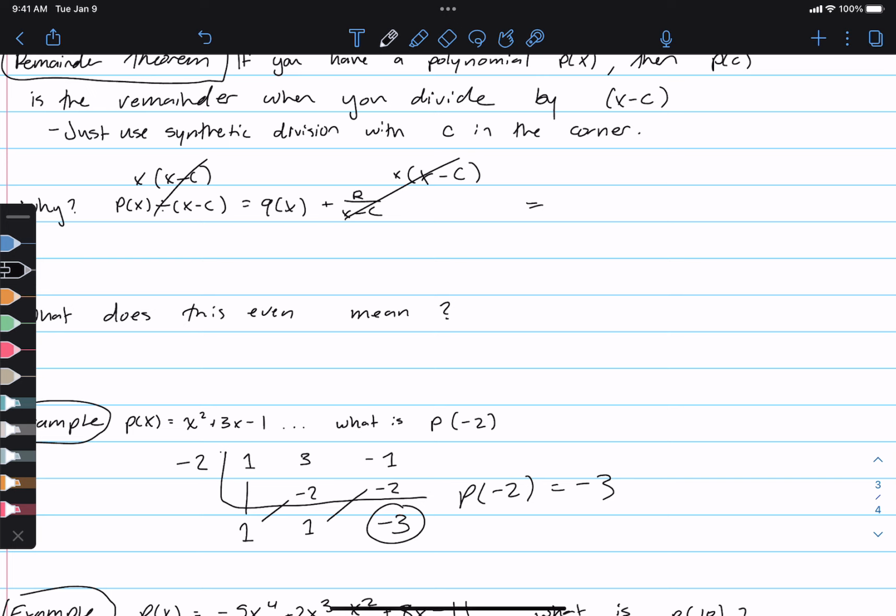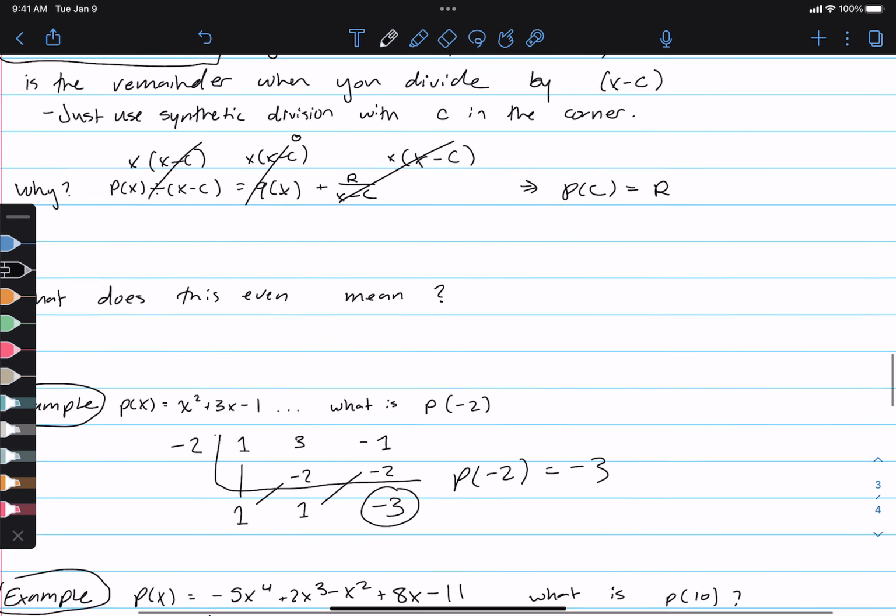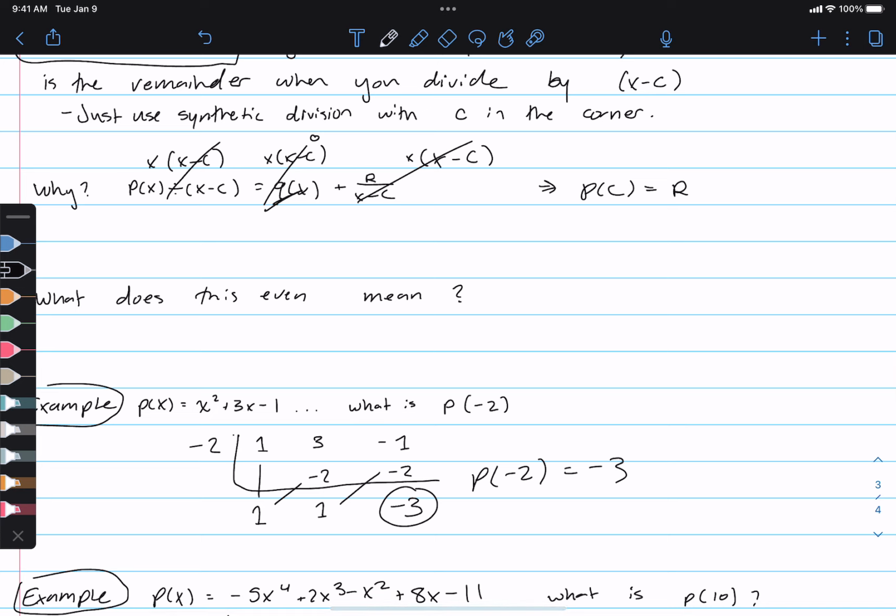And then because we're multiplying q of x by x minus c, which is going to be 0, this cancels out to 0. And so we're left with p of x equals r when x equals c, specifically when x equals c, because then x minus c is 0, so multiplying by 0 turns this q of x to 0.